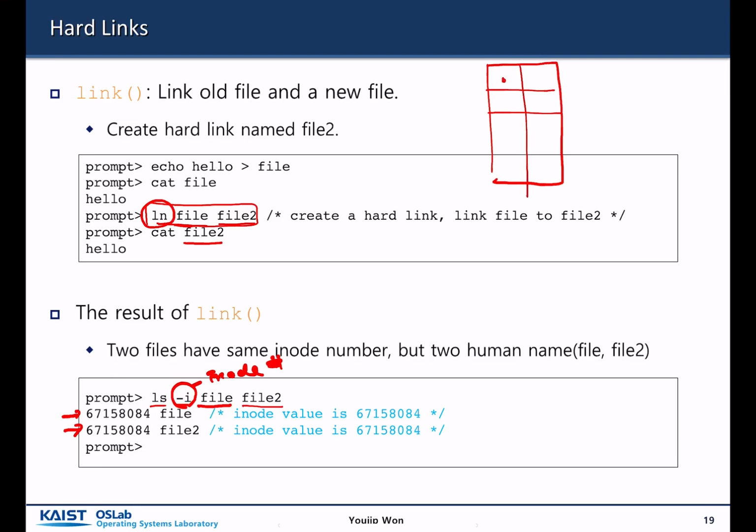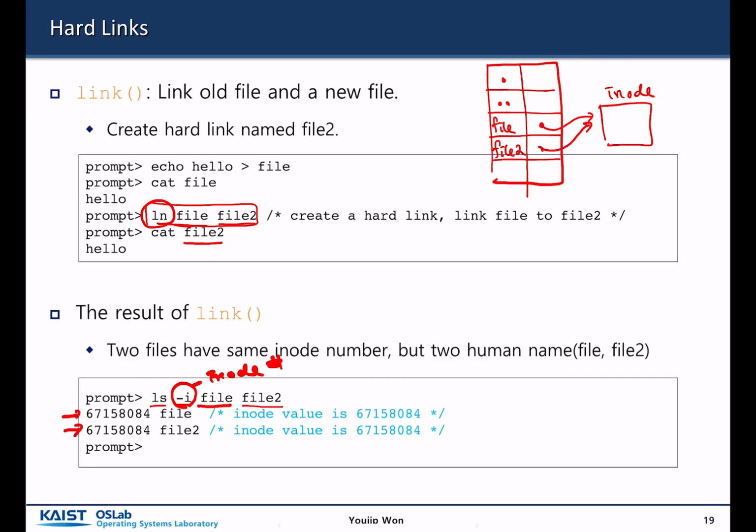Let's say this is dot, and there is file, and it points to some inode number. Okay. If you perform ln file and file 2, then a new file is created under the name file 2, and it'll point to the same inode number.